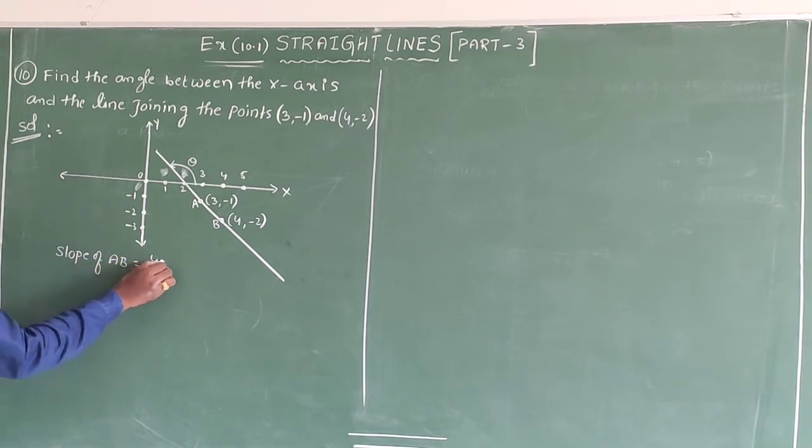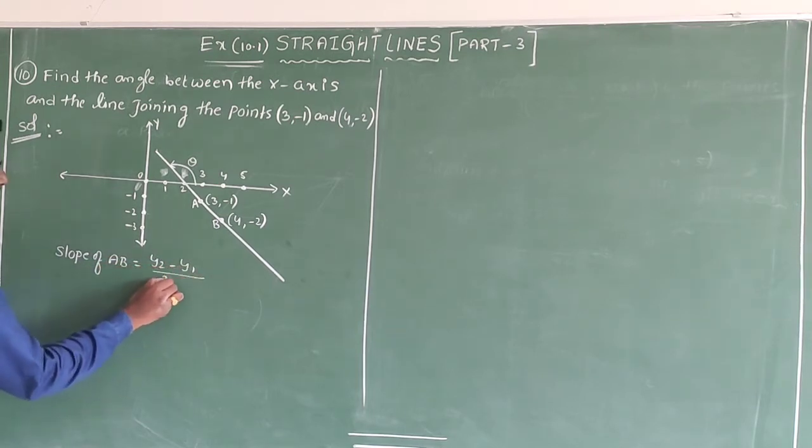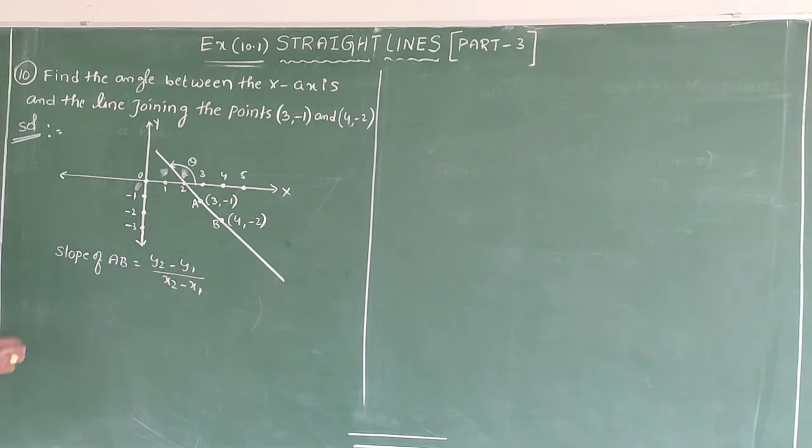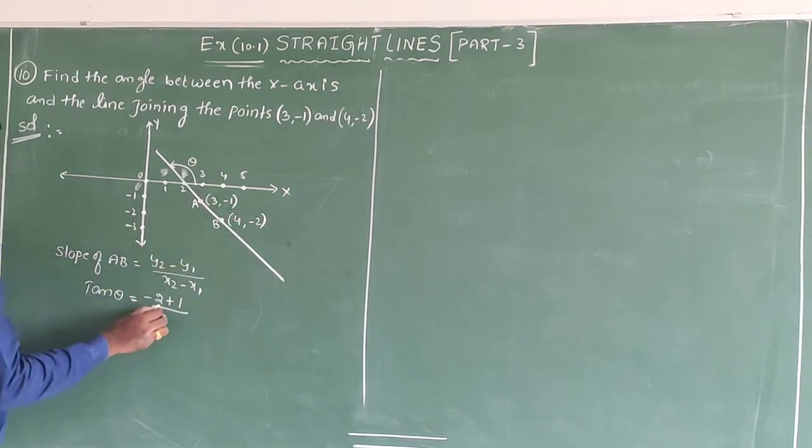What is the slope formula? y2 minus y1 by x2 minus x1. But already we know the formula for slope is tan theta. Then y2 minus y1, that is nothing but minus 2 minus of minus 1, that is plus 1, by x2 minus x1, 4 minus 3.